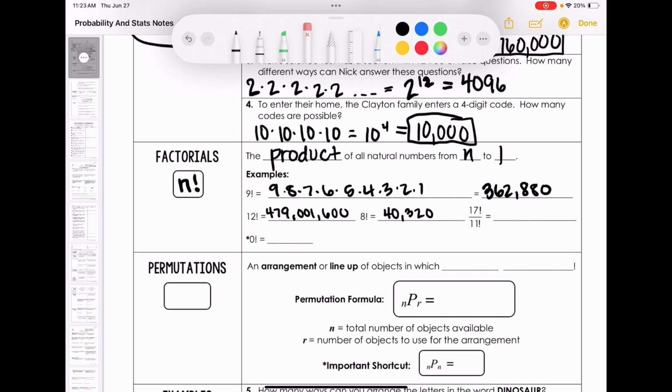Then the fraction, 17 factorial over 11 factorial. $8,910,720. And then the last one, 0 factorial, just gives you 1.